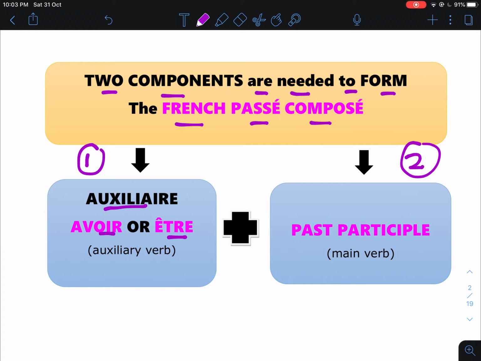We're going to look at the exceptions later on. And we are going to look at the list of the verbs which usually use auxiliary être and how they are conjugated as well. Okay, for the main verb, we will conjugate it to the past participle. So this one. Alright, now.